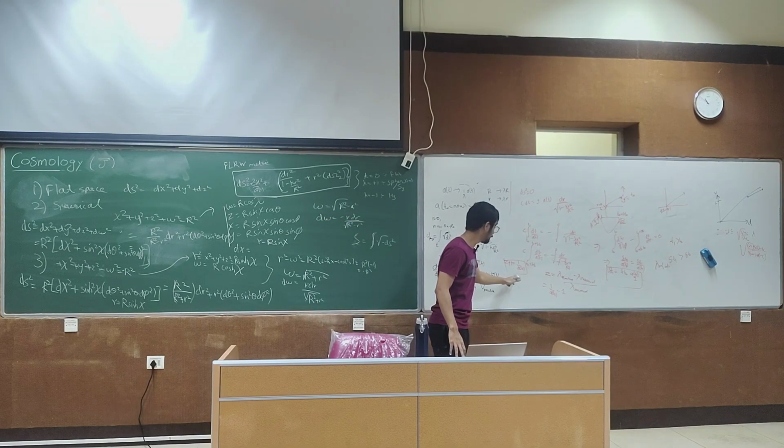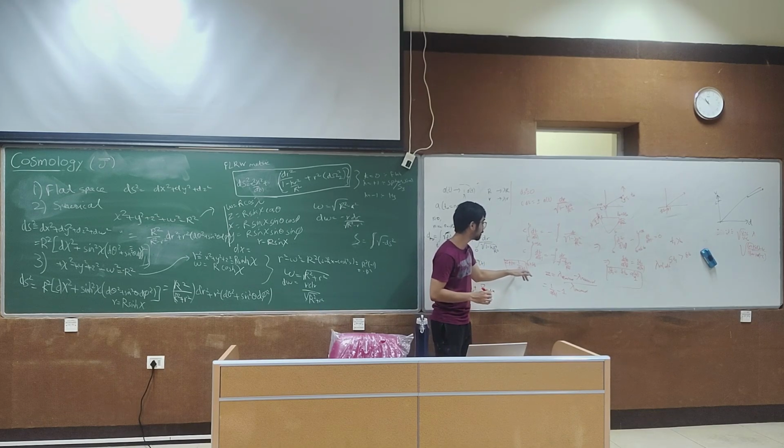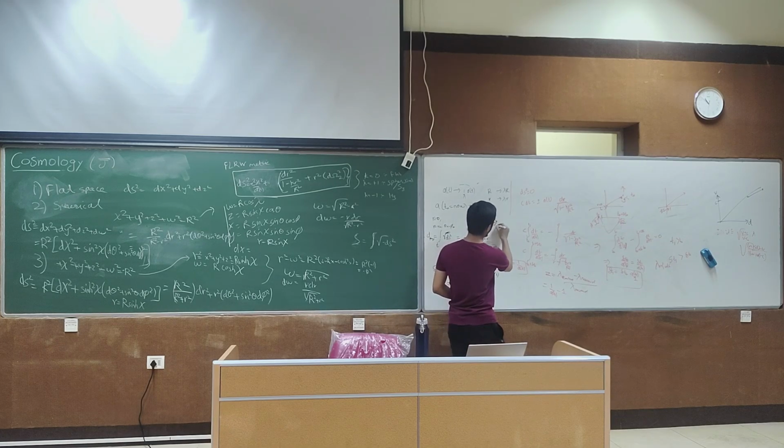Whenever you see papers or go to talks on cosmology, they skip saying what t they are talking about. They talk in terms of a of t, and not only that, they talk in terms of the redshift z. You can get a of t from here: a of t is 1 by z plus 1.